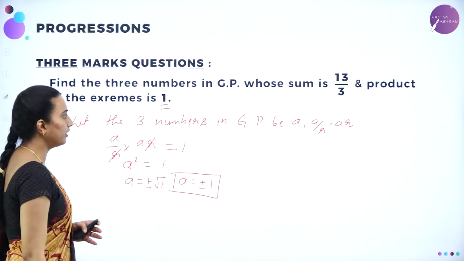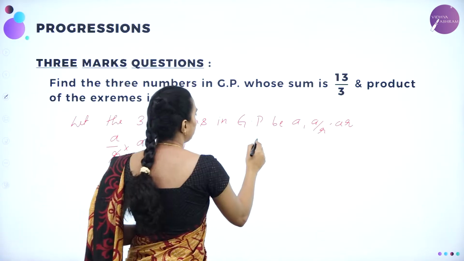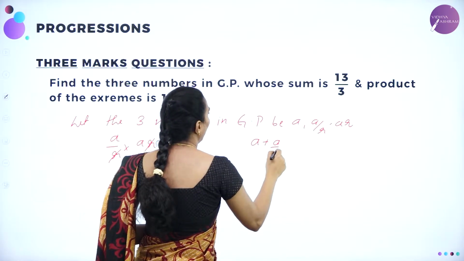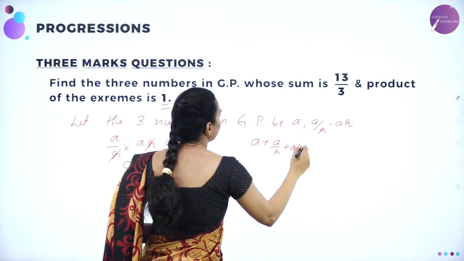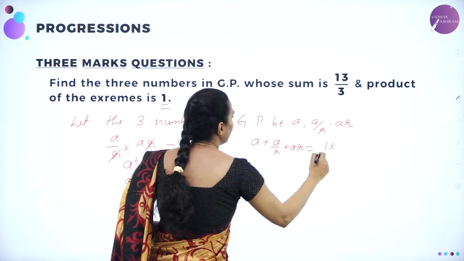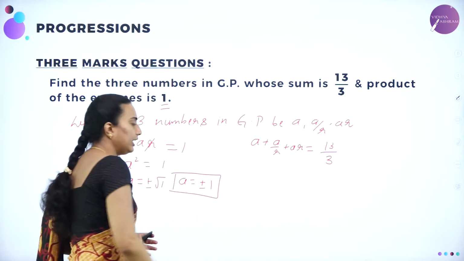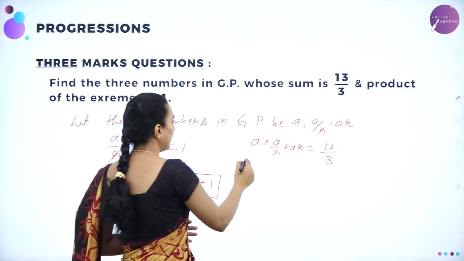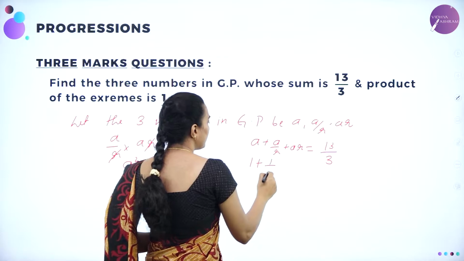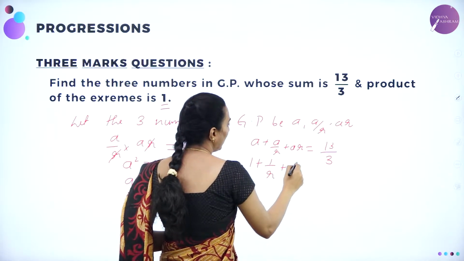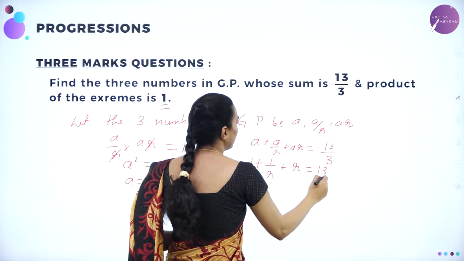Now here they have given the sum of the GP as A plus A by R plus AR, which is equal to 13 divided by 3. Now taking A as 1, I can write it as 1 plus 1 by R plus 1 into R, that is R, is equal to 13 by 3.